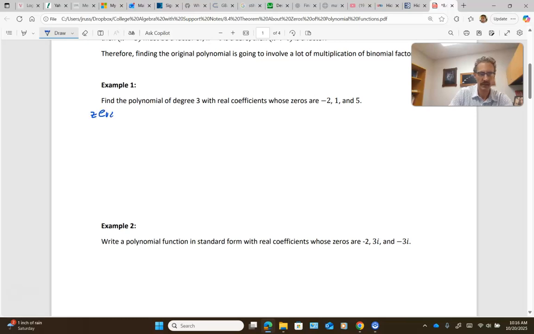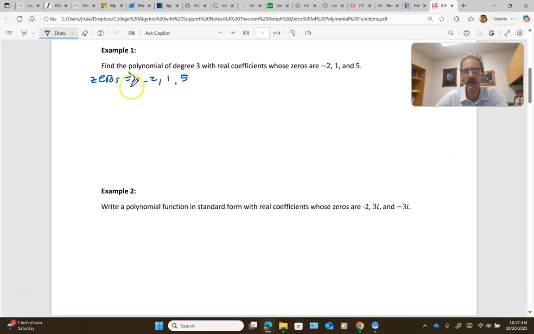Okay. So I'm going to state that the zeros are -2, 1, and 5. Well, there's 3 distinct zeros here, and this is a third degree polynomial that we'll be finding. Okay. So now I'm going to use the results from that factor theorem.